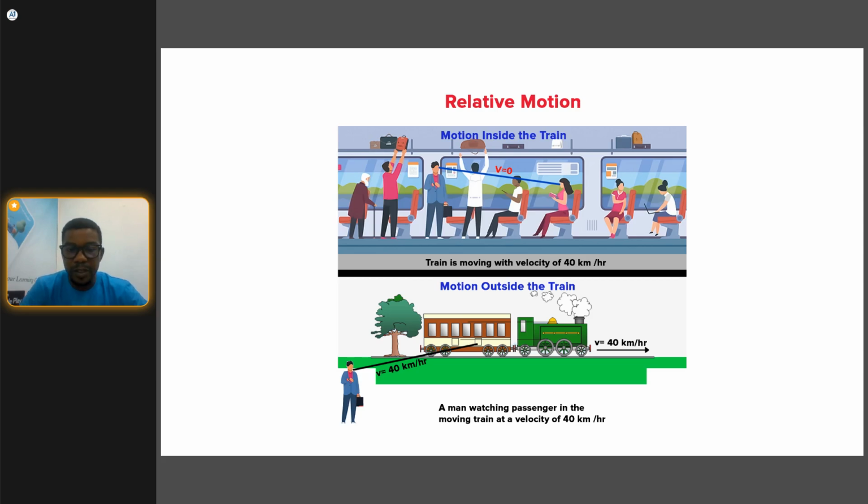All objects, be it a human being, be it a car, be it anything, have a relative motion with the surface of the earth, because the surface of the earth is considered to be a stationary object.